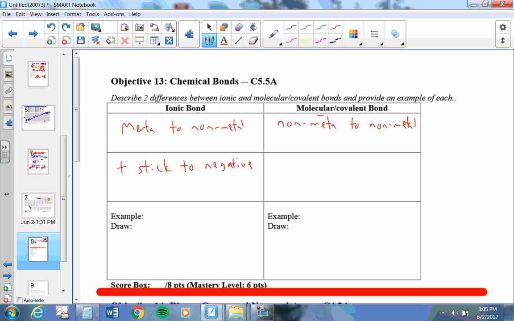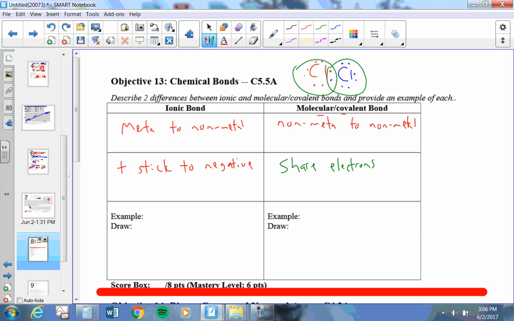But in a molecular or covalent, that was like when we had Cl with 1, 2, 3, 4, 5, 6, 7 electrons. This is a Lewis dot. And another Cl with 1, 2, 3, 4, 5, 6, 7 electrons. It looks as though this has 8 electrons. And it looks as though this has 8 electrons because they share electrons.